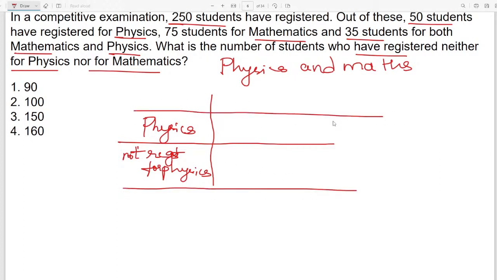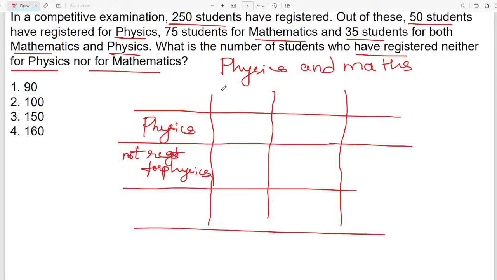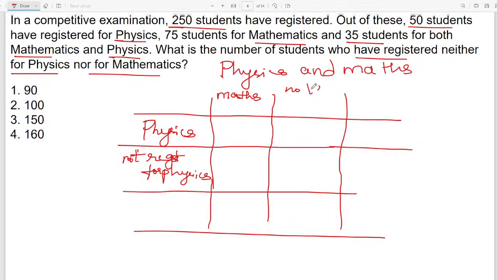And then the other two mutually exclusive items are people who have registered for maths and people who have not registered for maths. And this is the total.